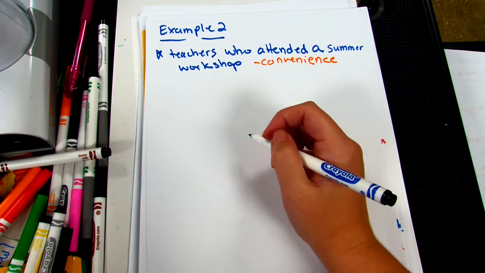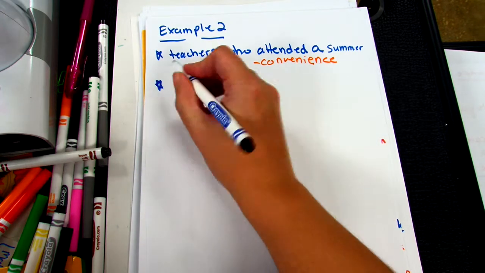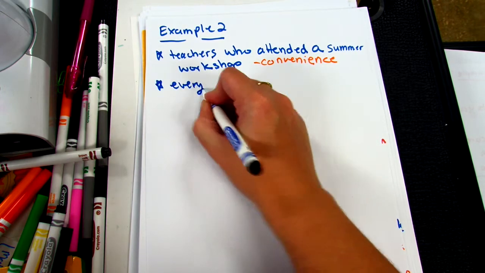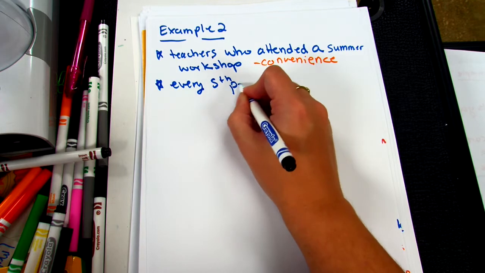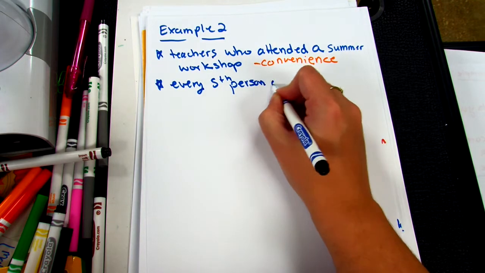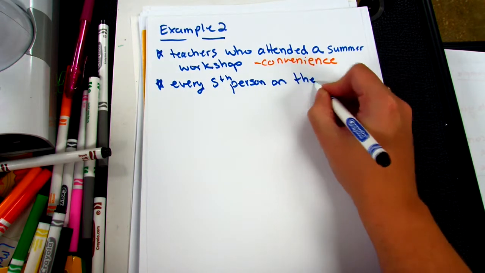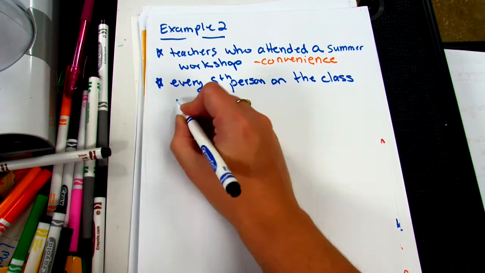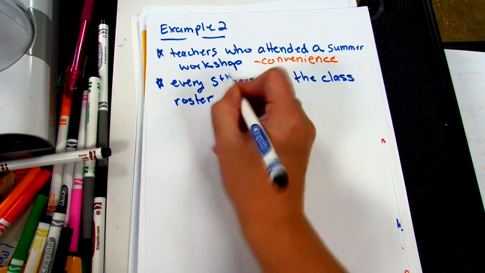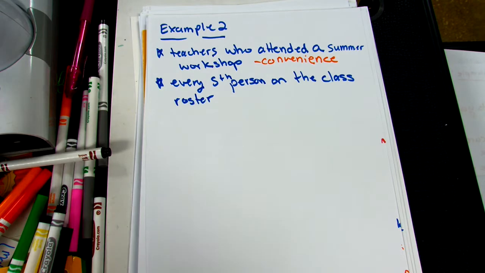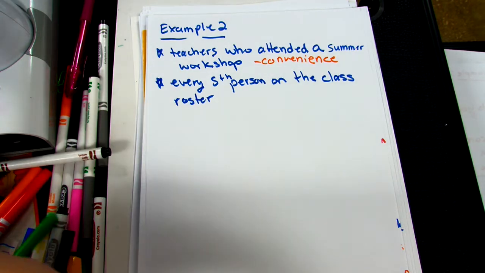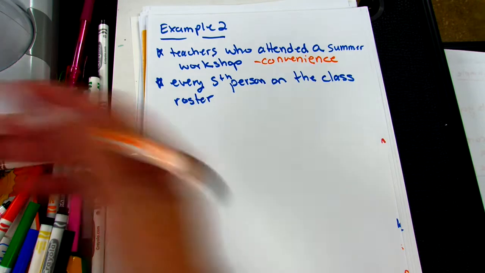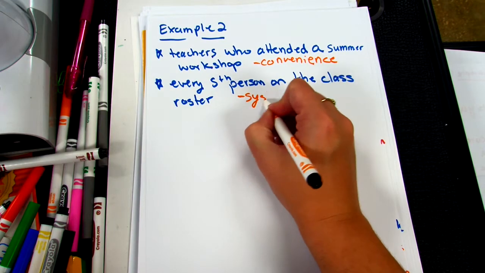Okay, what about every 5th person on the class roster? Okay, well, since it's every numbered person, then we would say that's systematic, right? Systematic. There's a system in place.